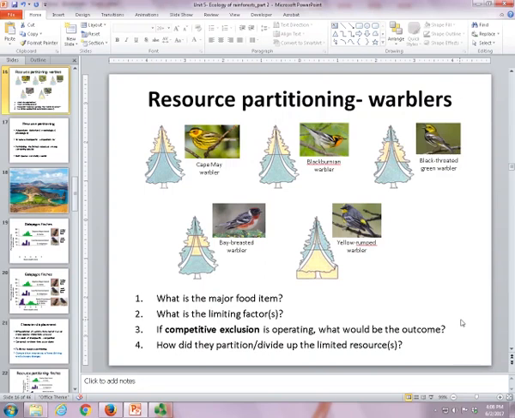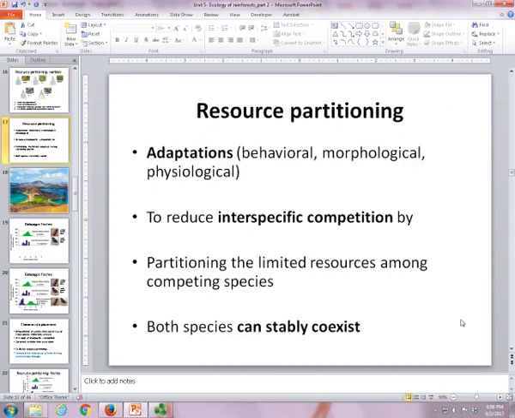Last one, how did they partition or divide up the limited resources? So basically, they specialized on feeding in a very specific area of the coniferous tree. Through specialization, they actually minimized the competition for food and foraging space. The second outcome of competition is resource partitioning, and you guys just realized that with warblers.